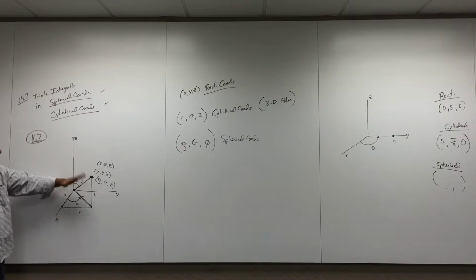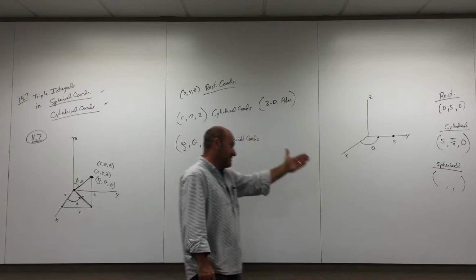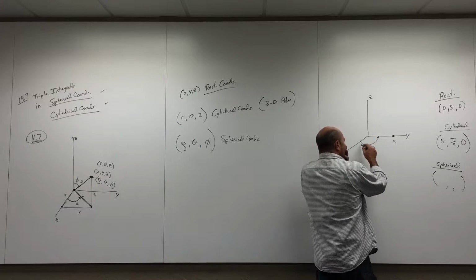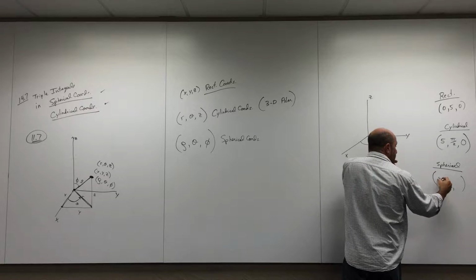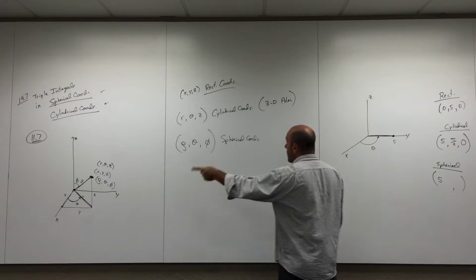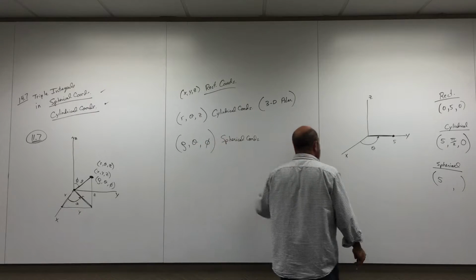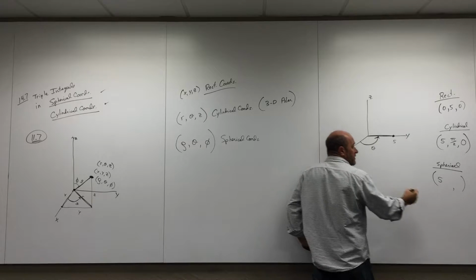Rho gets to elevate up out of the xy plane, but, sorry, not in this example. In this example, I think the rho would still just be 5. The theta is still the same old theta. Here we are again, we're doing rho, theta, and phi. Theta would still be the pi over 2.